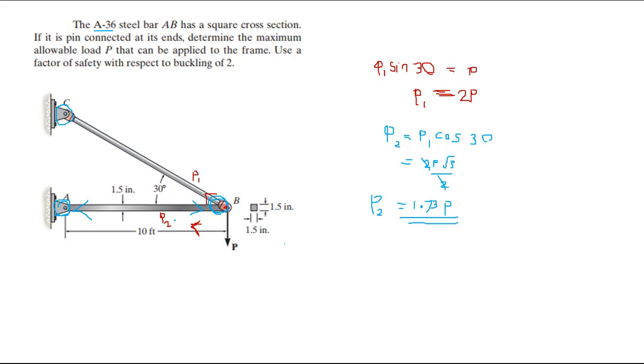If the load in this member is 1.73 P, it is for a P load here. So you consider the buckling load of this, and let's say the buckling load is P.